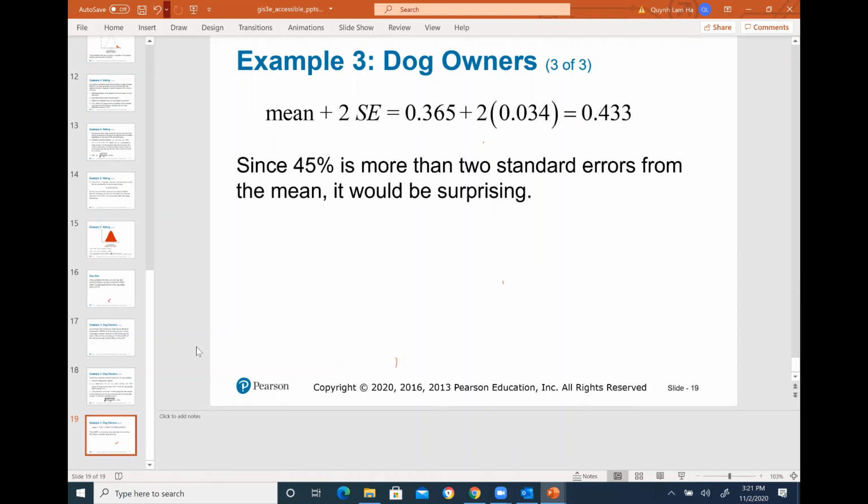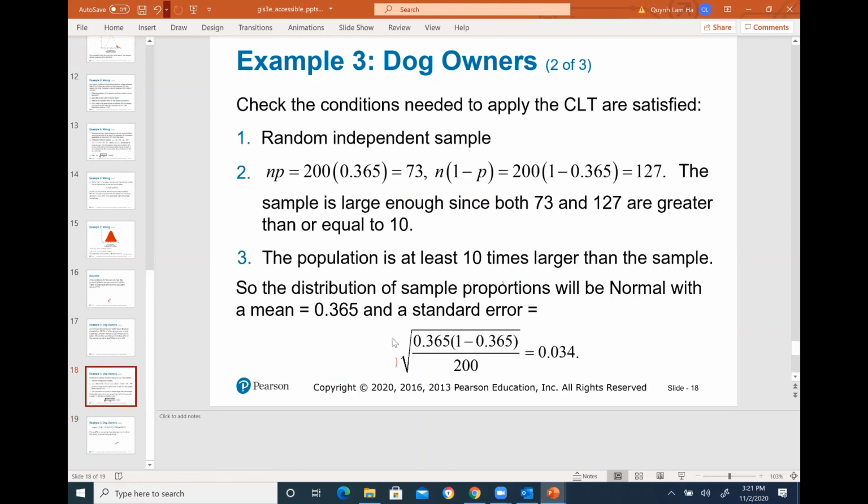For this type of problem, 7.3, they're just focusing on what we call the sampling distribution. And all the time, like I said, when you see the words random sample, you apply this type of question. Especially, you have to test for the central limit theorem before you find the standard error all the time. And from there, you will find probability easier by using StatCrunch.